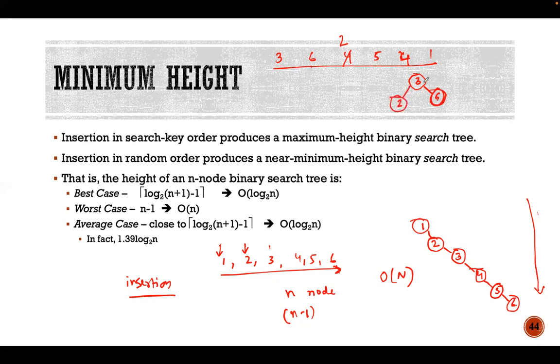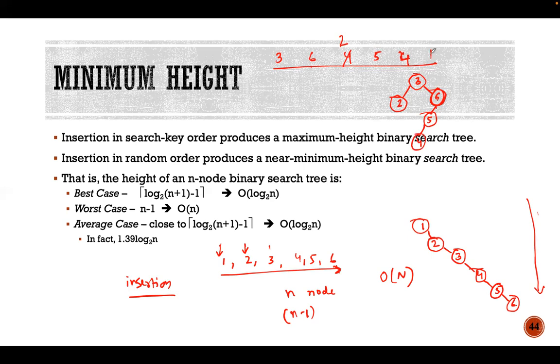Then add 5. So where will 5 be? 5 will be the left of 6. What about 4? 4 will go to the right of 3 and left of 6, and then left of 5.